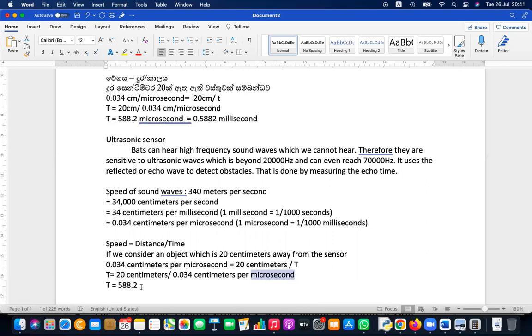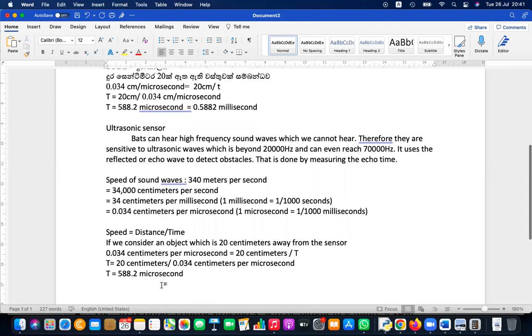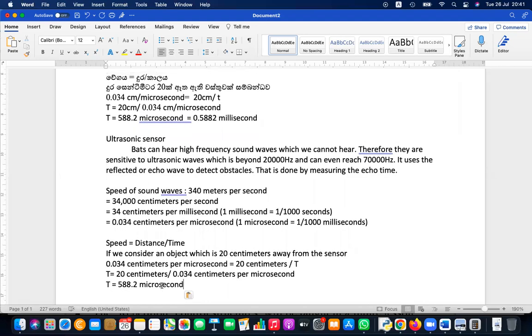So if the object is 20 centimeters away, it will take 588.2 microseconds to reach that object.